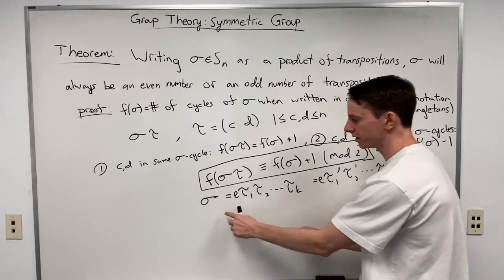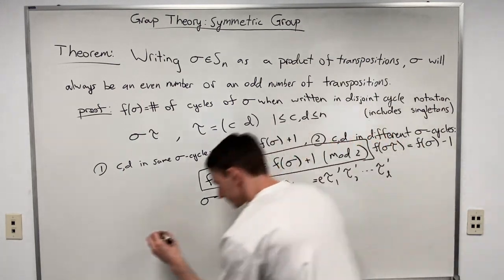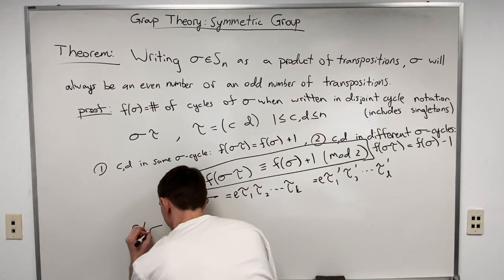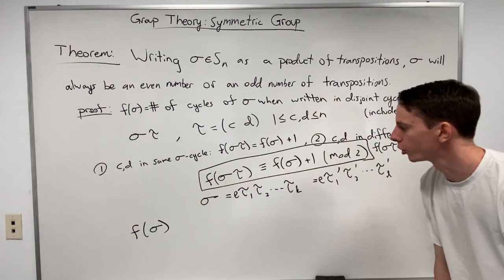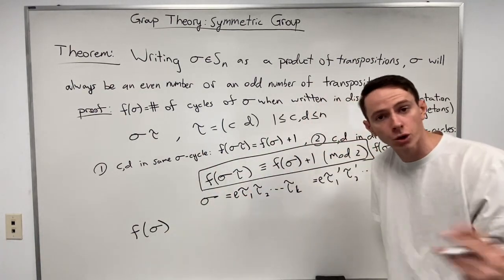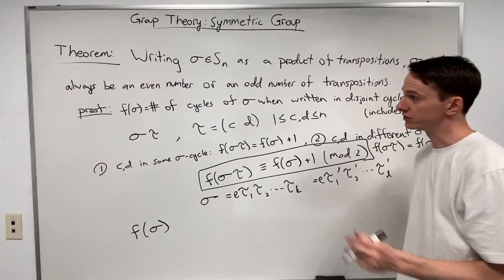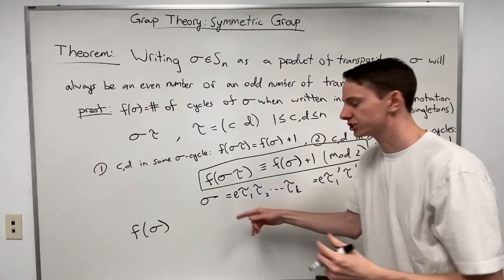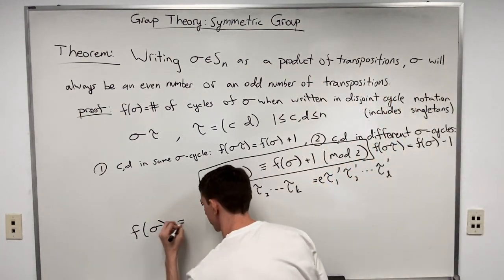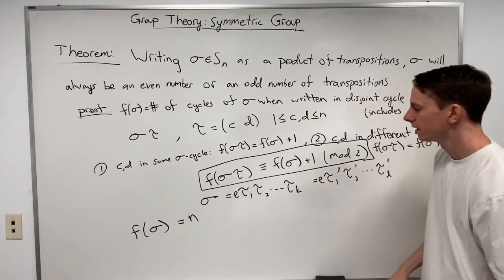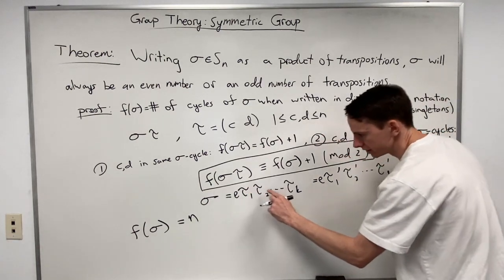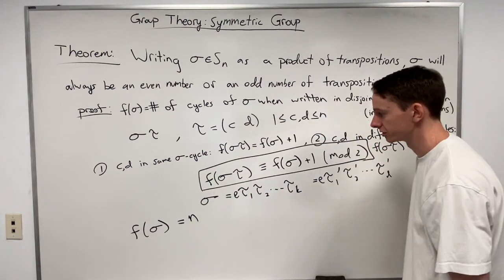If we start with e, that means f of sigma is going to be f of e. What did we say f of e was? If sigma is in S n, e is just n different singleton cycles, so it's going to be n. And then we just add on each of these different transpositions.